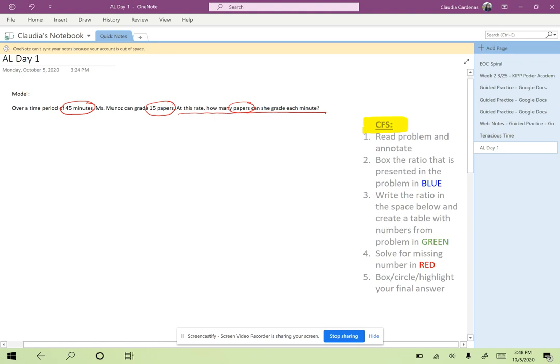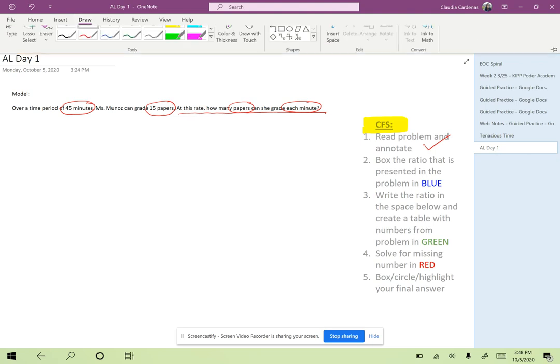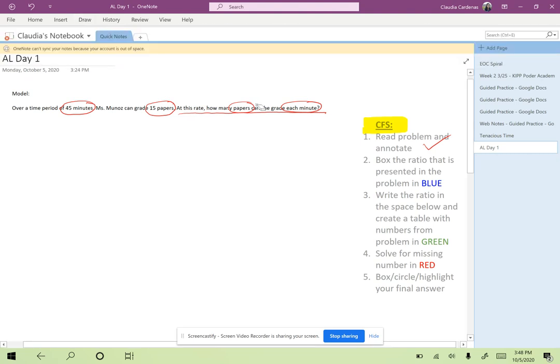So I'm thinking about the two items that we're talking about here. We're talking about the minutes that she spends and the papers that she is grading. So they want us to annotate, which we did. Then they want us to box the ratio that is presented in the problem in blue. So I already messed up, but no worries. I'm going to look at my question because the question is going to identify that ratio.